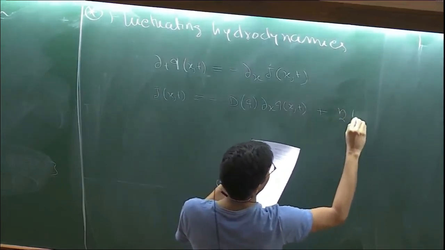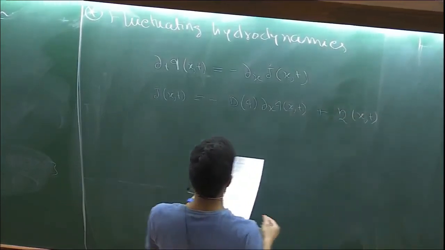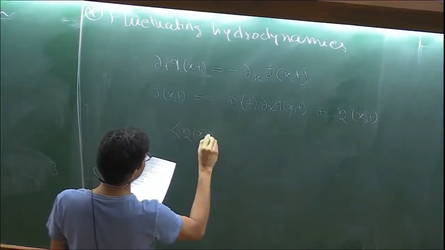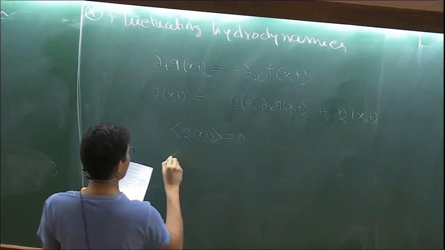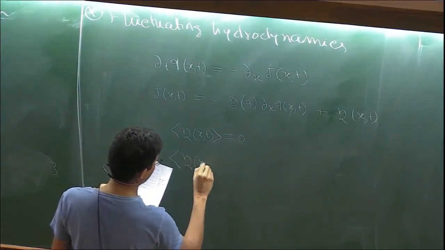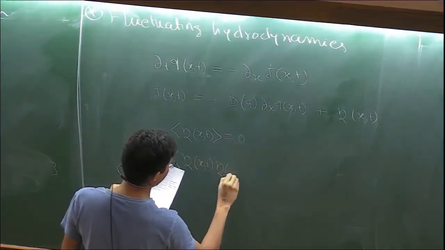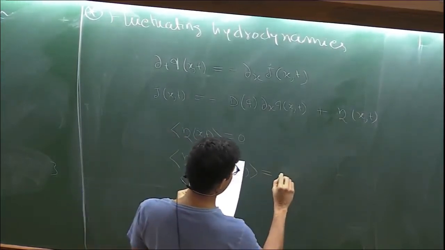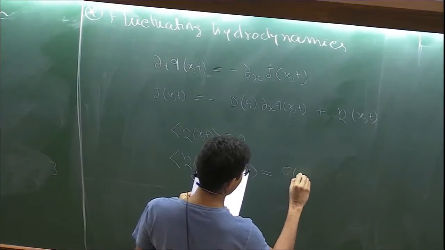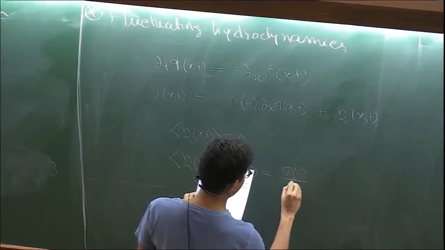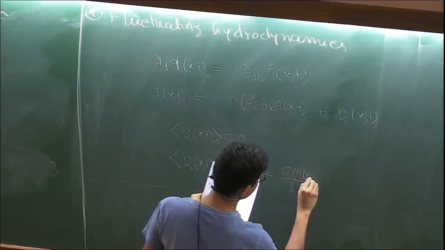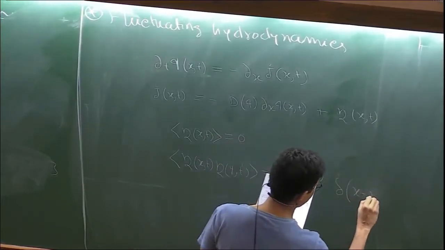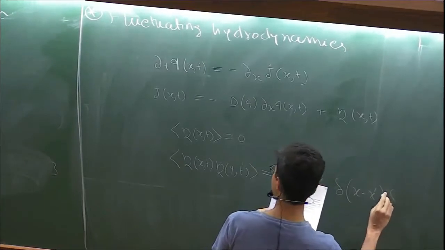And there is a fluctuating part where on an average, the noise is 0, and the covariance I will write as sigma of rho divided by L. So these are, of course, a function of time, and they are delta correlated for both space and time.